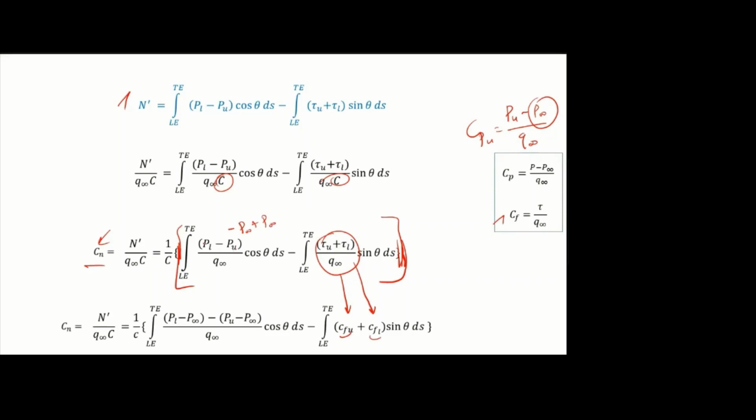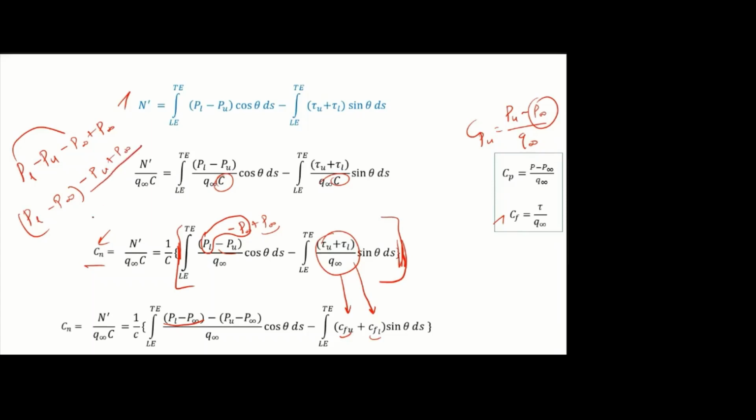Now we can write PL minus P infinity as one term. Then from this, minus Pu and plus P infinity, if you take minus outside, it will be Pu minus P infinity. That is, we have PL minus Pu. So include minus P infinity plus P infinity. Then rearrange, it will be PL minus P infinity. Remaining will be minus Pu plus P infinity.